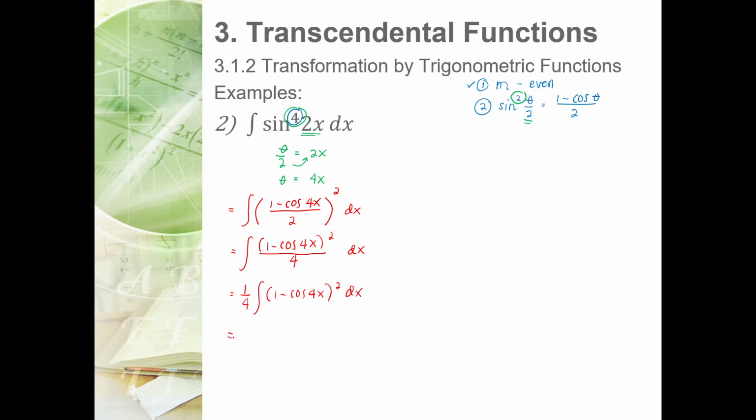So next is we expand. We have 1/4, then expanding the binomial: 1 minus 2 cosine 4x plus cosine squared 4x dx.